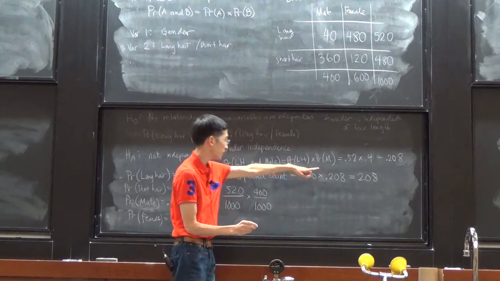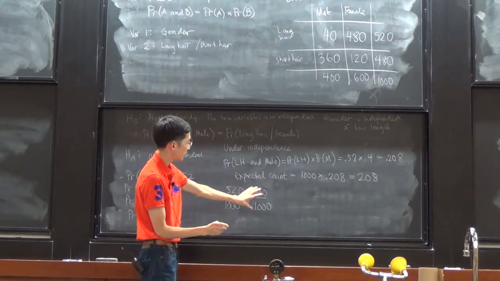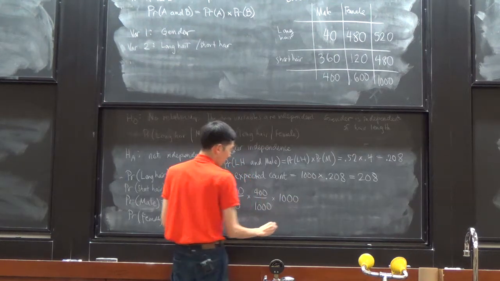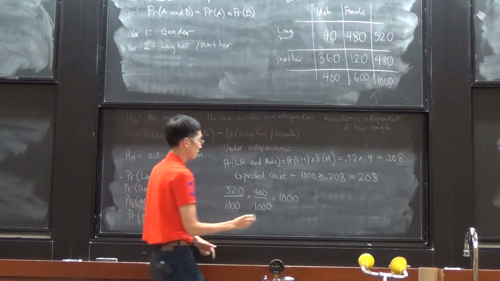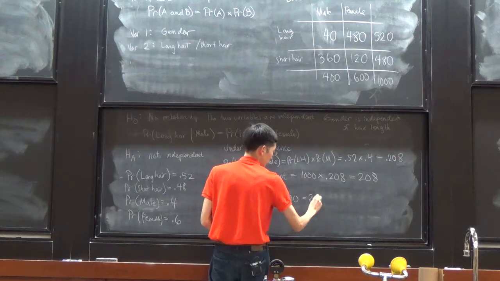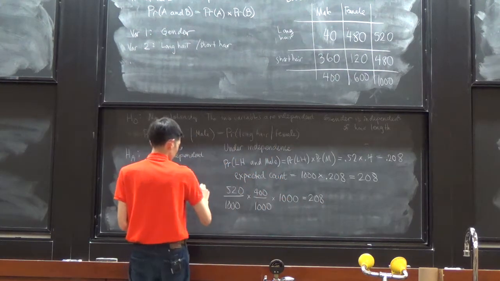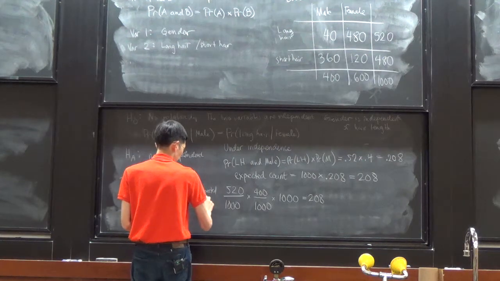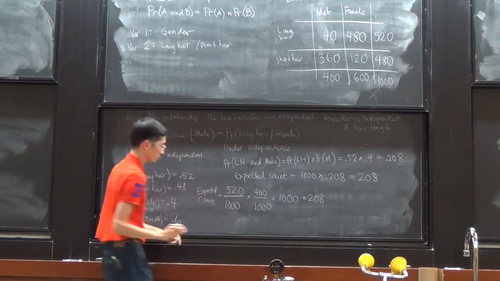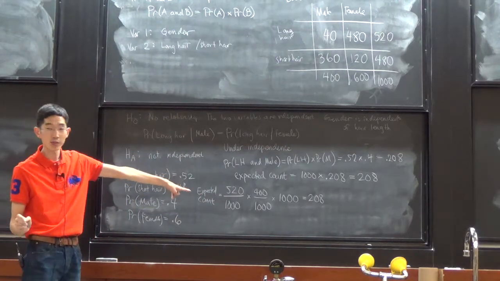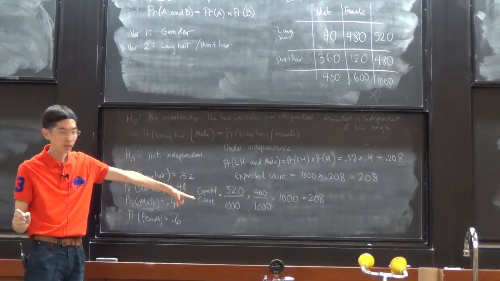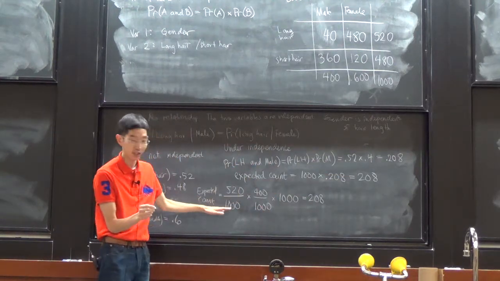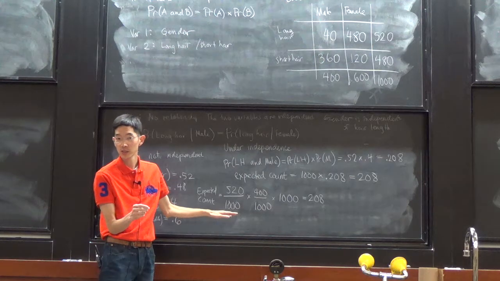And then if I multiply this probability by the total count, I would get my expected number, 208. So the expected count can be found like so. Okay. It's exactly the same thing that I've written here. I'm just writing it as a fraction.